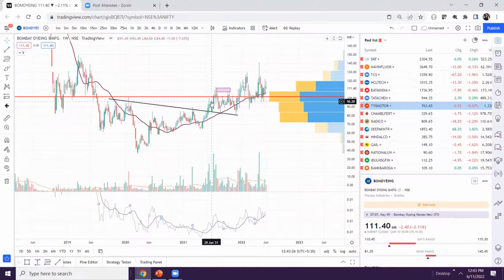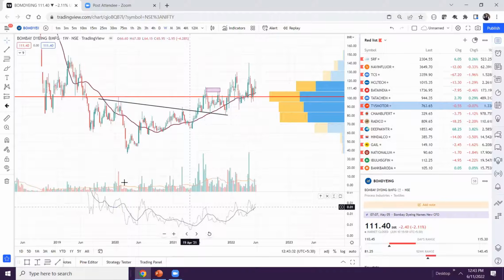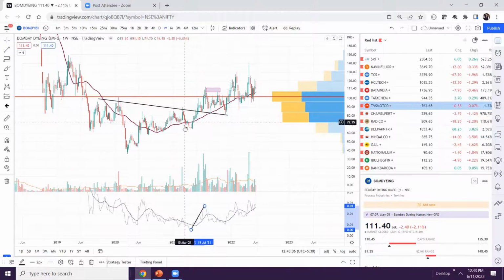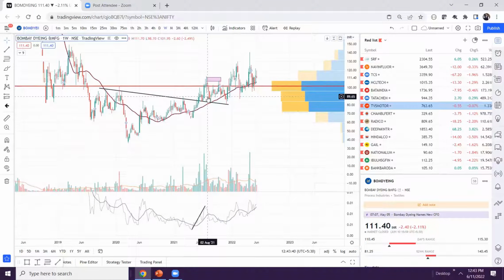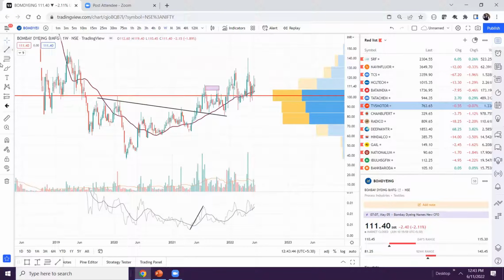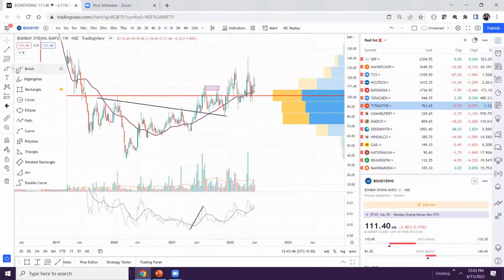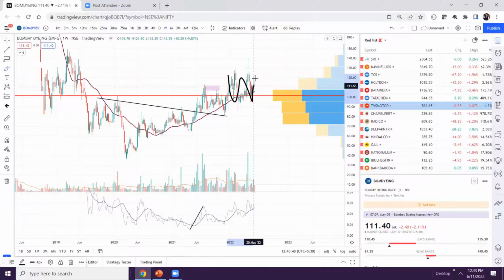At this point, if you see, the RS indicator is also going up from this point to this point, right? So then you can invest. The stop loss for this will be this. If it forms a range and then it gives a breakdown, then that will be the end of this, right?